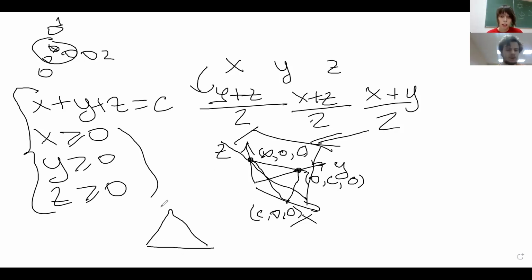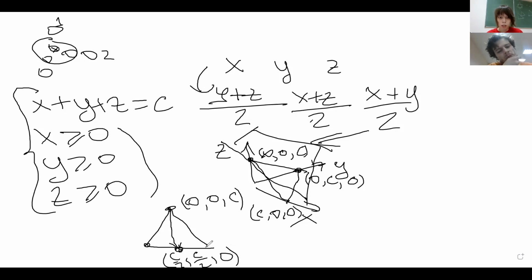Let's look at this vertex, for example, 0, 0, C. After this transformation, it will go to this point: C divided by 2, C divided by 2, and 0.